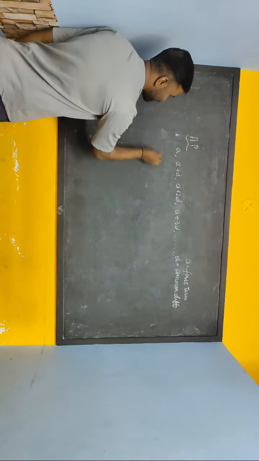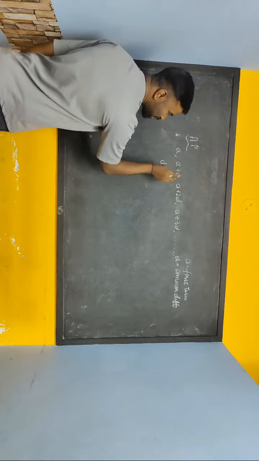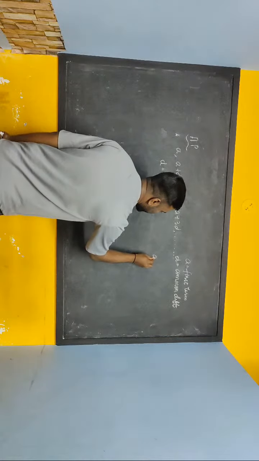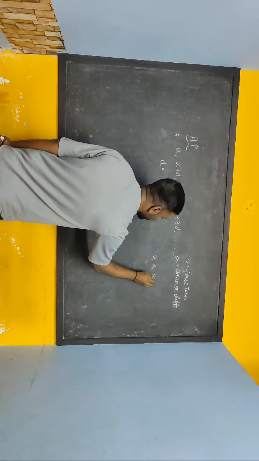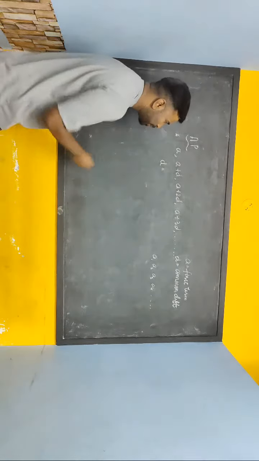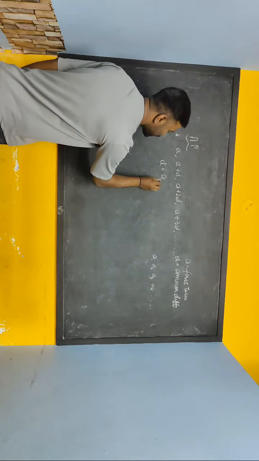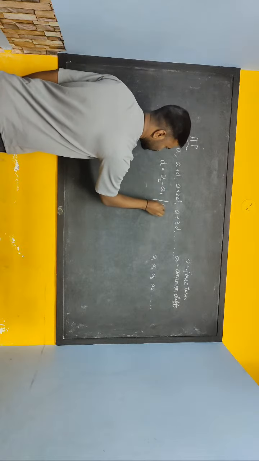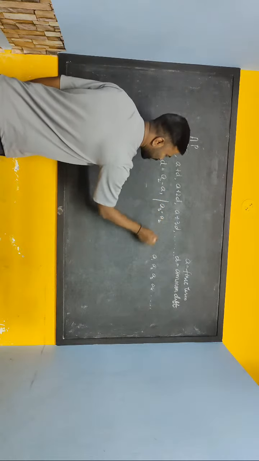The common difference is given by the difference of any two consecutive terms. For example, if a1, a2, a3, a4 are a list of numbers in AP, then d equals what? a2 minus a1 or a3 minus a2.